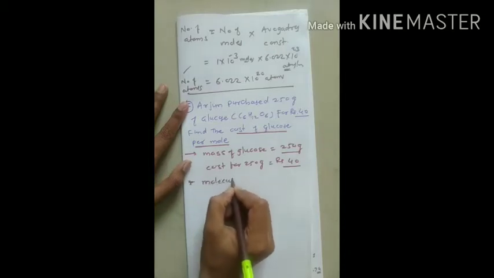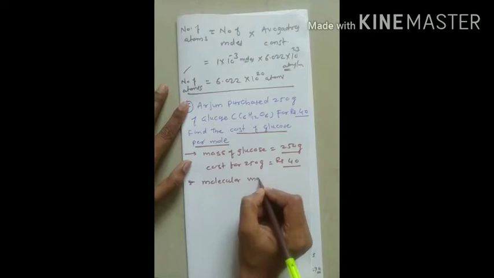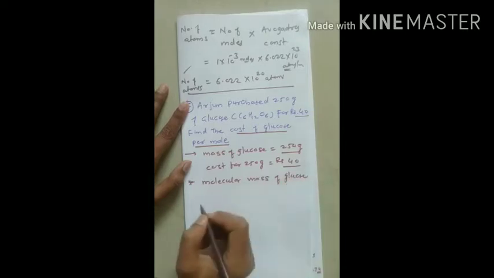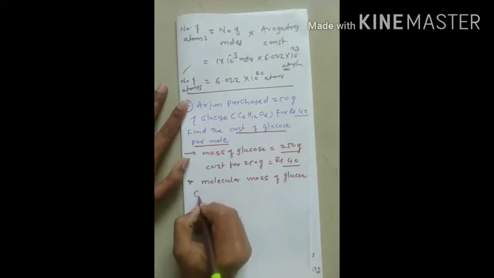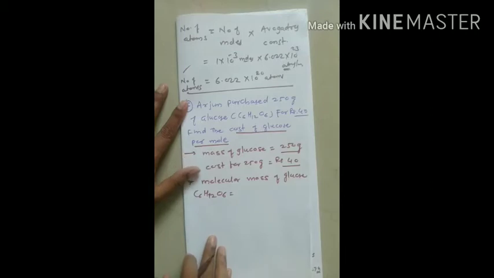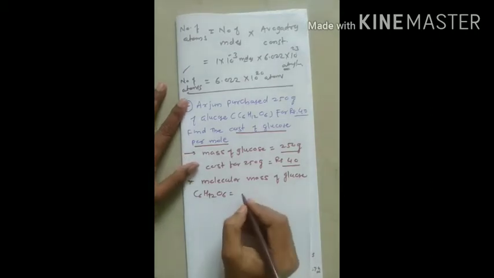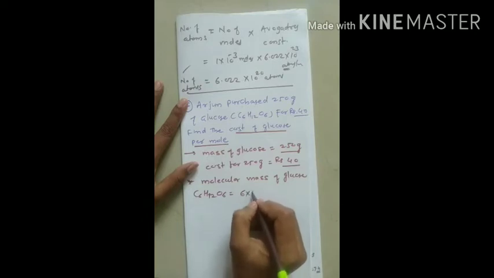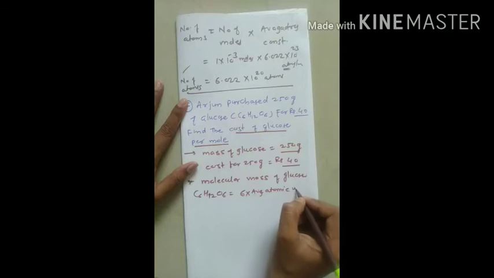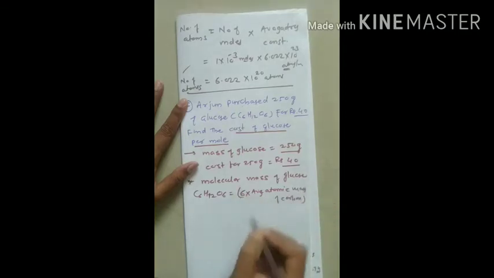So the molecular mass of glucose. The formula is given, C6H12O6. Therefore I can say 6 atoms of carbon into the average atomic mass of carbon. This is your first element.